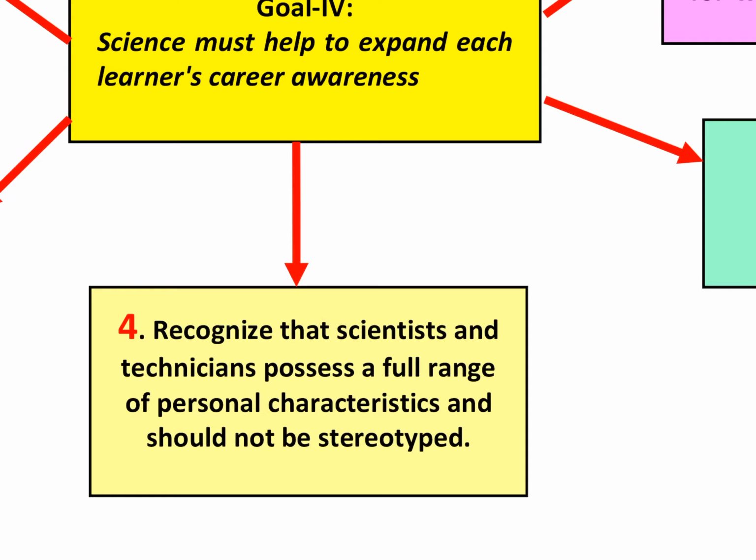Fourthly, while learning science in the school, the learner must be able to recognize that scientists and technicians possess a full range of personal characteristics and should not be stereotyped. And this is mostly like our imaginations.